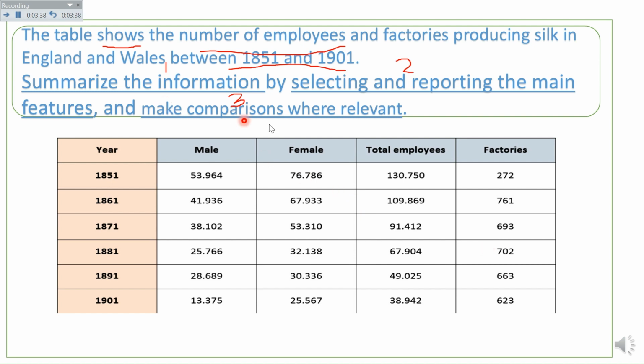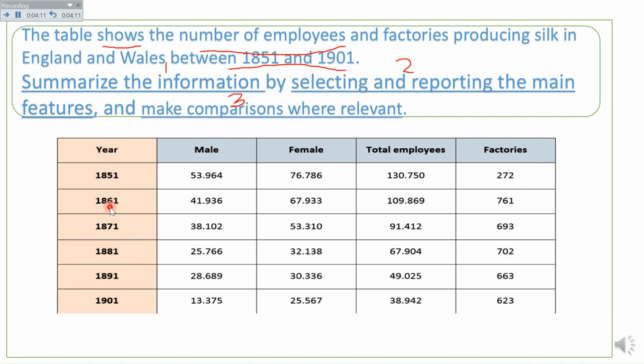And make comparisons where relevant. In this step, we will use data. We don't need to use the data in the summary and main features. We will use data here to describe it. So we see in 1851, the total workforce was at its peak, like 130,750 employees, including 76,786 female and 53,960 male, employed in 2,072 factories.